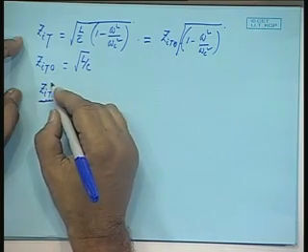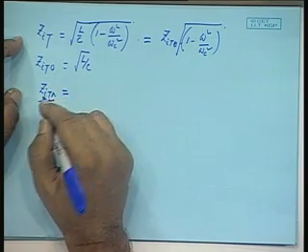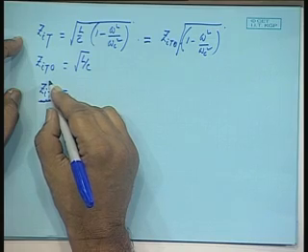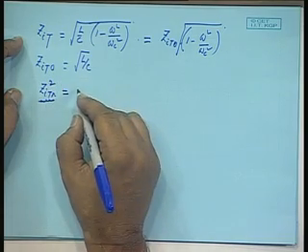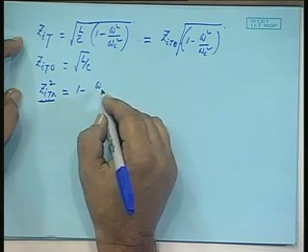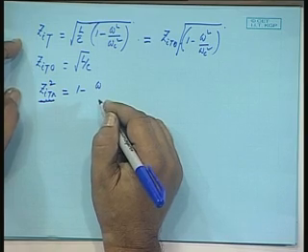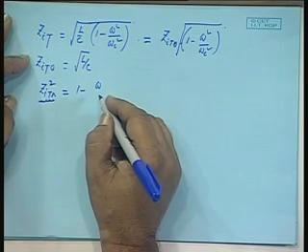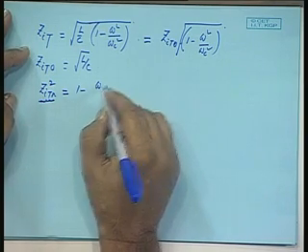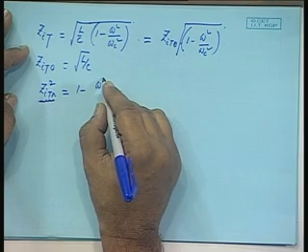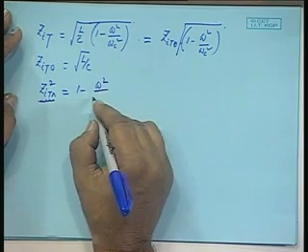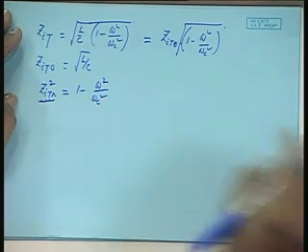Z I T normalized squared is 1 minus omega squared by omega C squared.